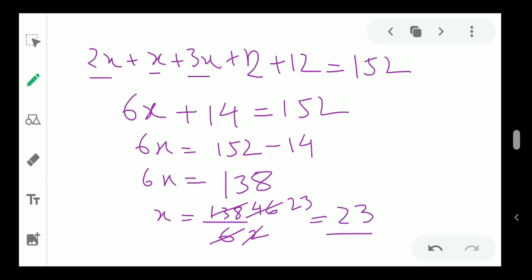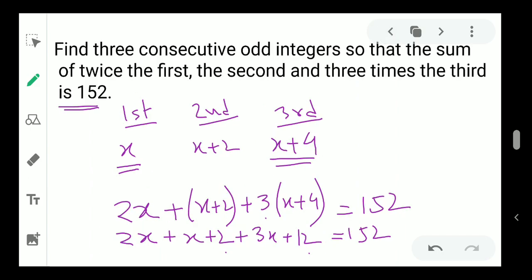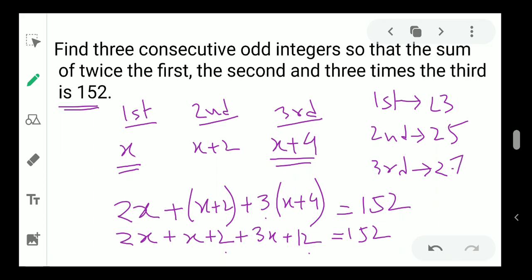So the first smaller one is 23, right? So the first one is 23. The next one, that is the second one, will be x plus 2, that is 25, and the third one will be 27. So this is the way we can do this kind of math.